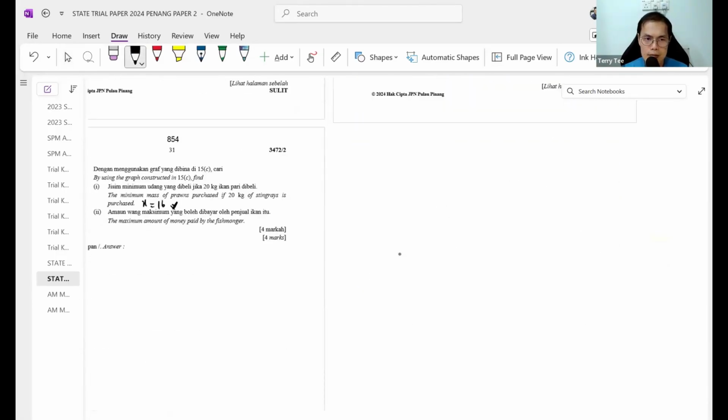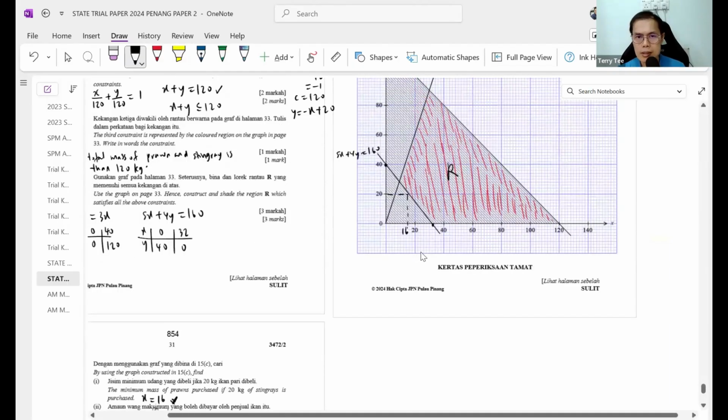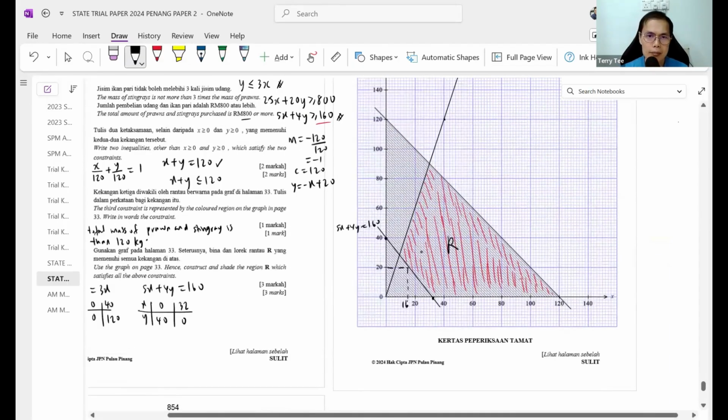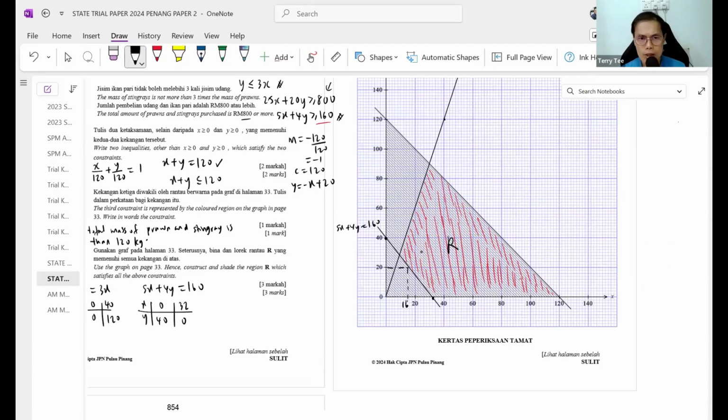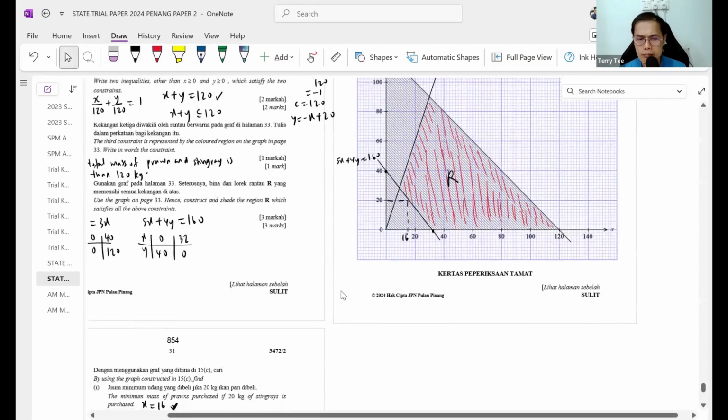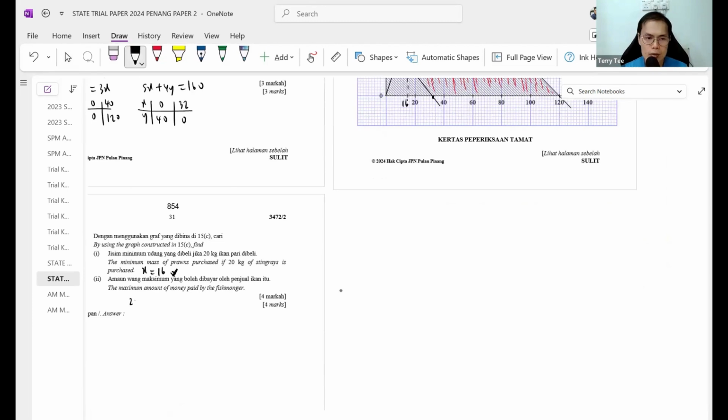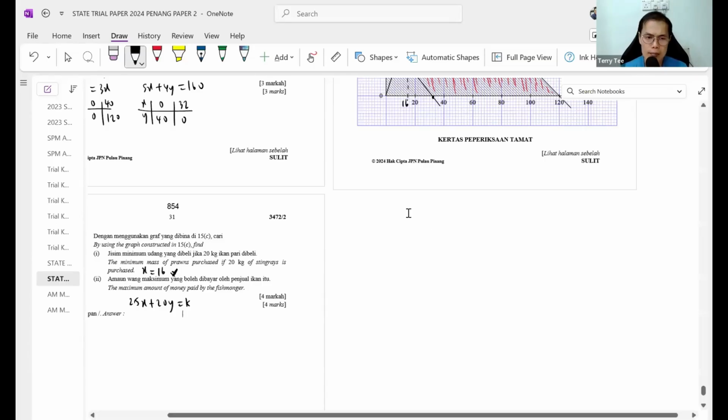Just write 16. Now, the maximum amount of money paid by the fishmonger. Remember, the minimum amount of money paid is 800. Your objective function follows this because we're talking about the amount of money purchased. So it's 25x plus 20y equals k. K is a variable, but k minimum is 800. You can spend more than 800, but what is the maximum?